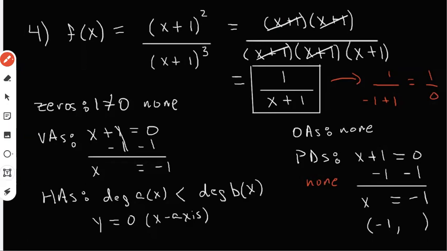Okay. Let's look at number 5. Now, number 5 is one of these that you can actually factor in the bottom, but not the top. So there are going to be some canceled out factors.